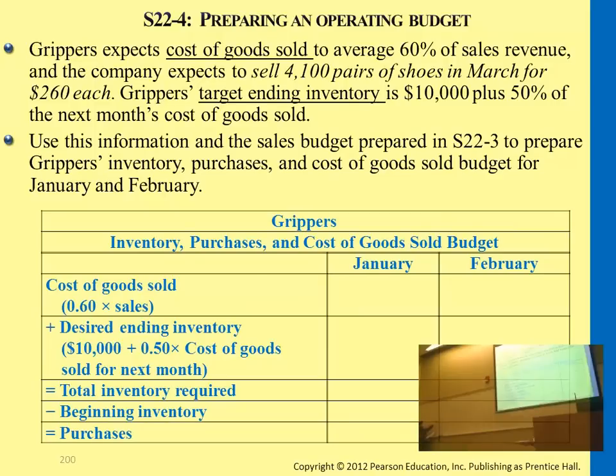That should be $639,600. That's the cost of goods sold for March, and this is useful to get February's ending inventory. So you will use $10,000 plus half of March's cost of goods sold. After this, you should be able to get $329,800. This is the budgeted ending inventory for February.